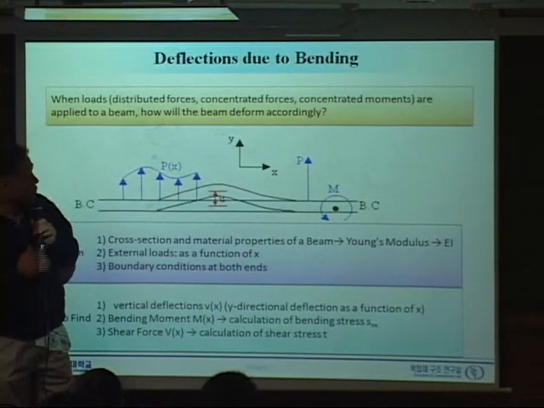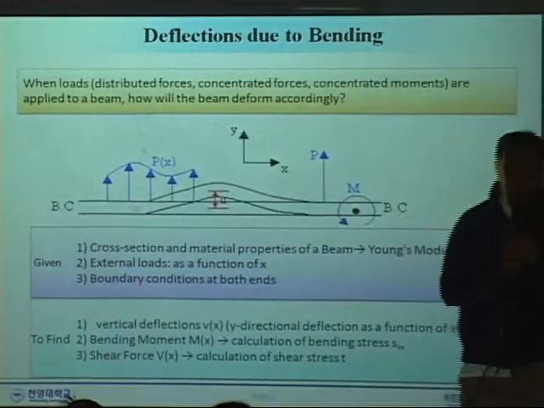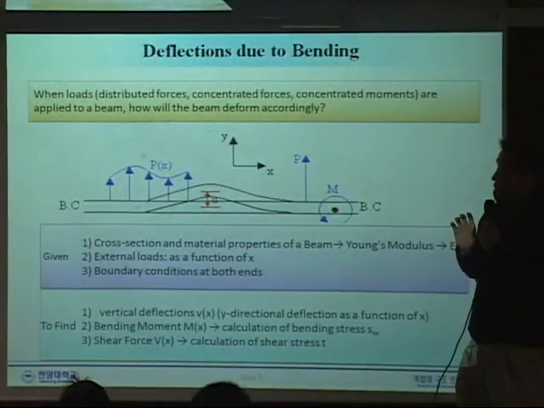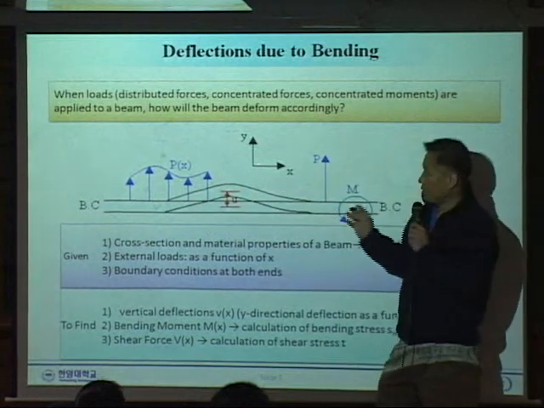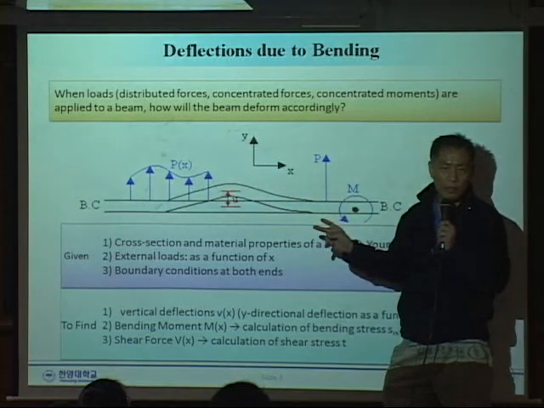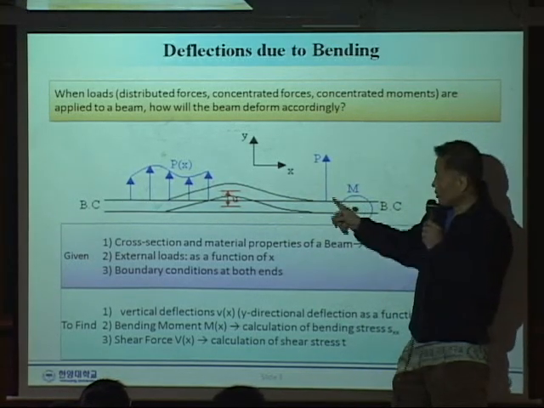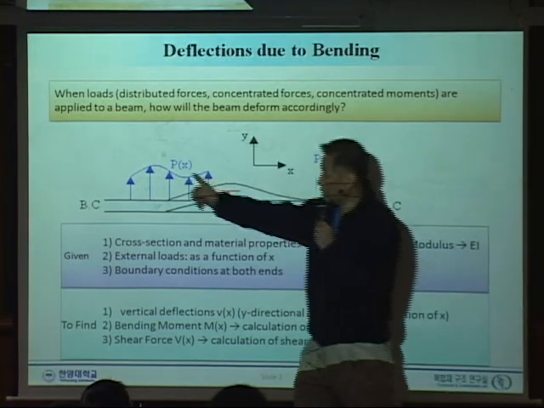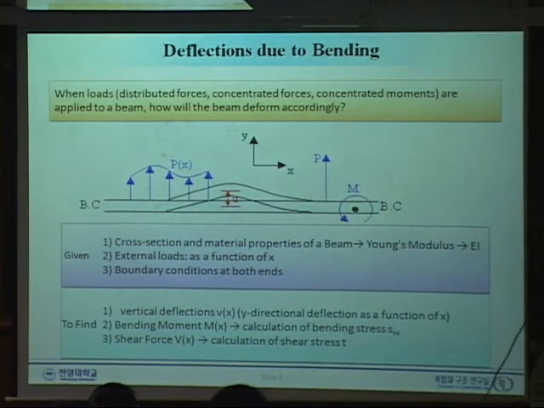Okay, here is our problem statement. Problem statement means: what kind of problem are we going to solve? Well, this is the beam, and this beam is subject to many different types of vertical load, including a concentrated bending moment and a concentrated vertical load. Of course, we could have a distributed load which is a function of x.